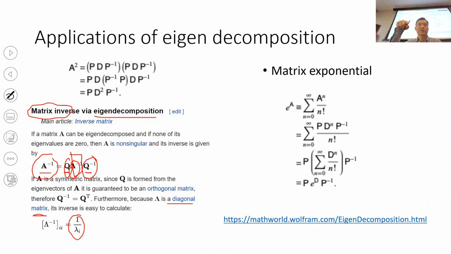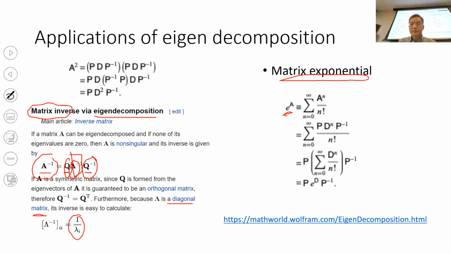It's just 1 over the value. Then you multiply it back, and you get the inversion of the original A matrix. Another use is called matrix exponential computation. So you have an exponential function with A in that factor.